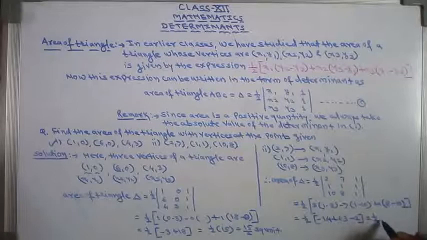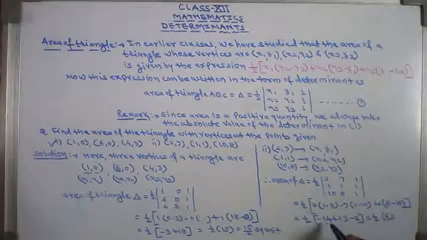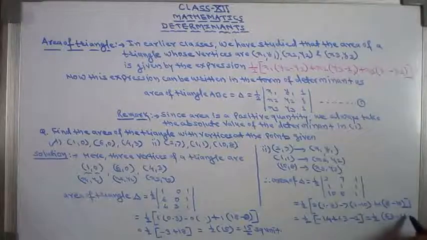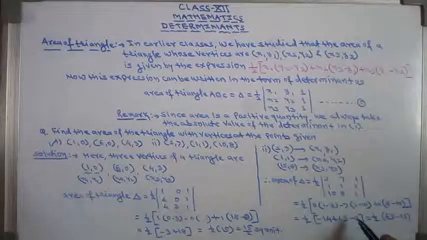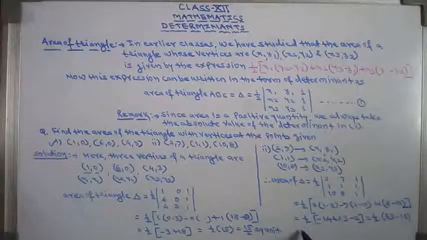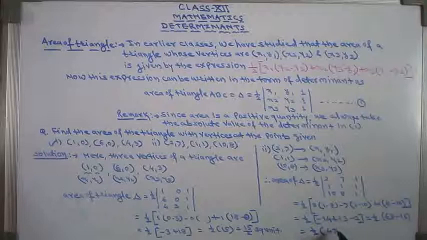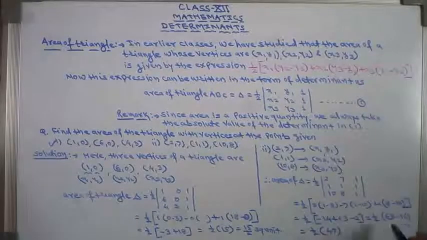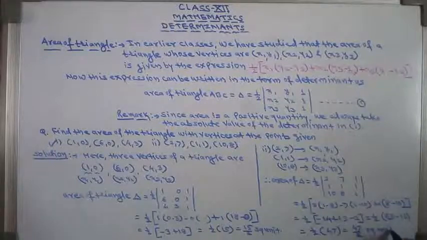That is half into bracket 63 minus 14 minus 2, minus 16, so it becomes 47. That equals 47 by 2 square unit.